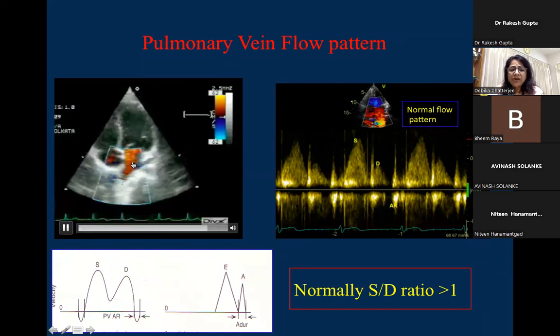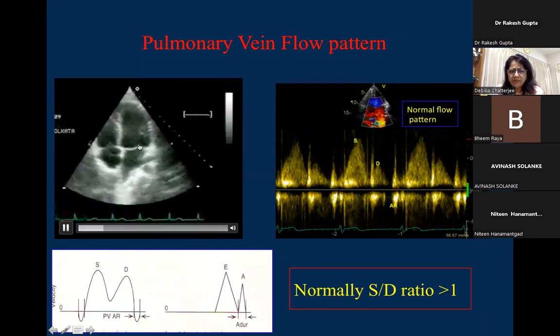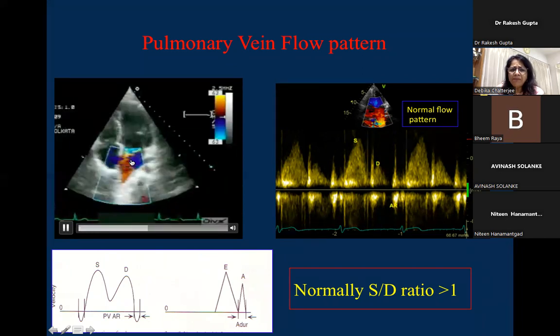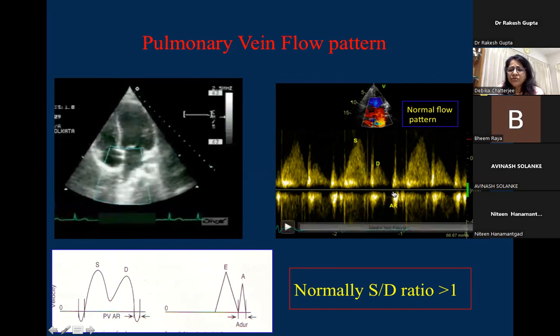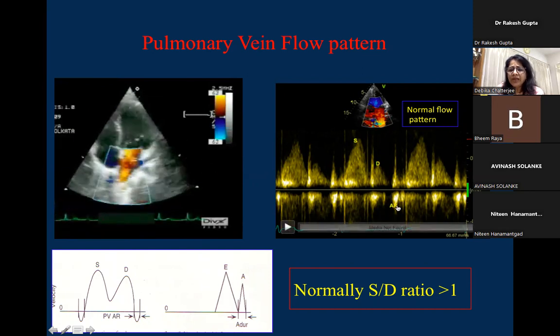When the LA contracts, most of the blood goes to the LV, but a part also goes back to the pulmonary vein as a backflow. So that gives rise to this AR, or atrial flow reversal.